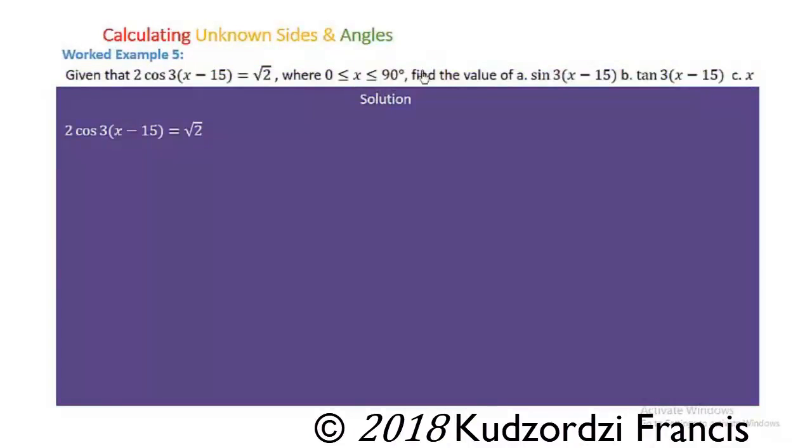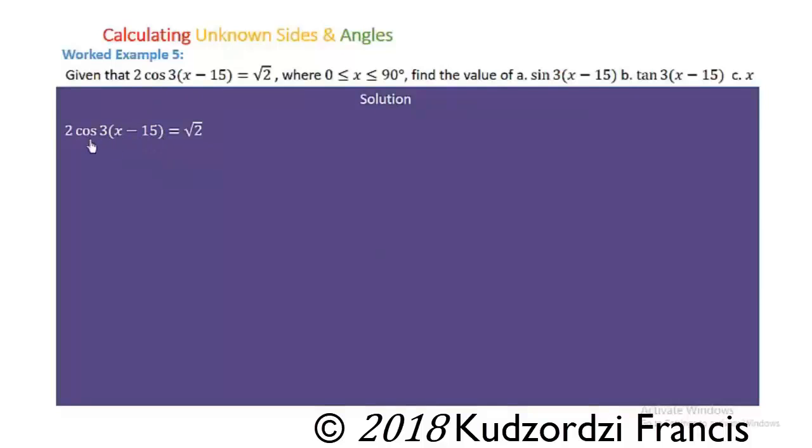So x is an acute angle, and we are finding the value of this expression and this expression, then finally x. So if we have this expression, then we can only divide both sides by the multiplier, which is 2. This is an angle, so we can divide through by this.